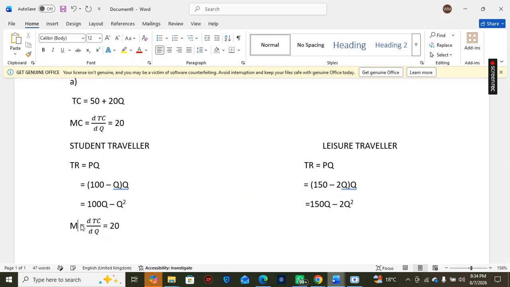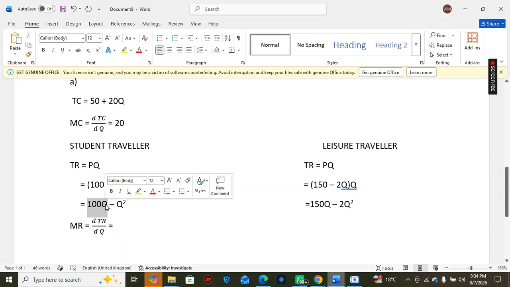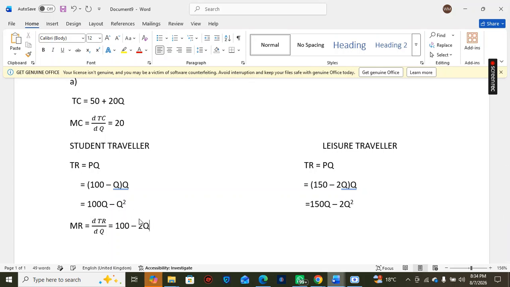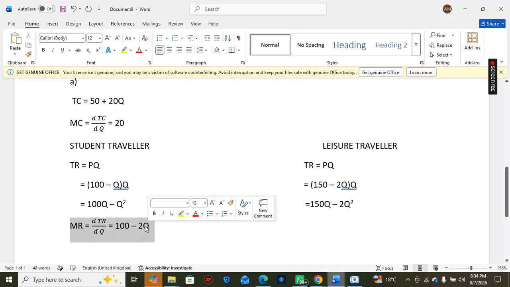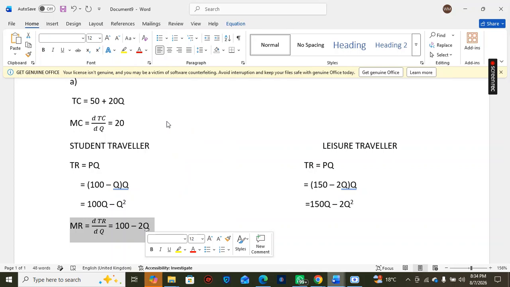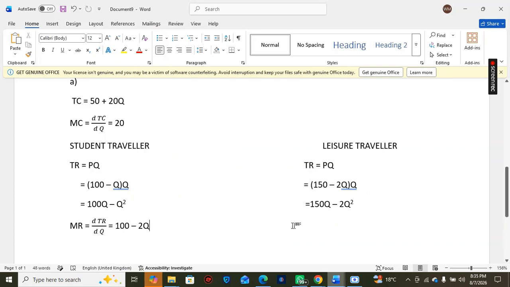Marginal revenue is the derivative of the total revenue function with respect to Q. So when we derive 100Q, we get 100, minus, when we derive Q squared, we get 2Q. That is the marginal revenue for the student travelers.